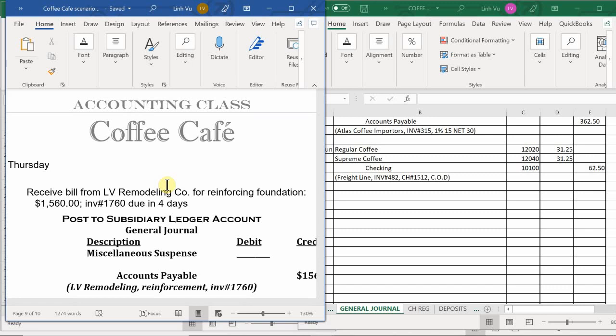In this case, this miscellaneous expense account is basically just a random account that you created.